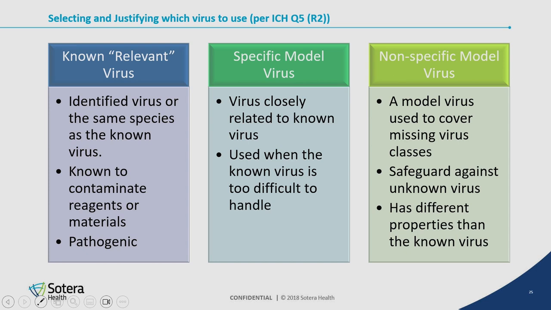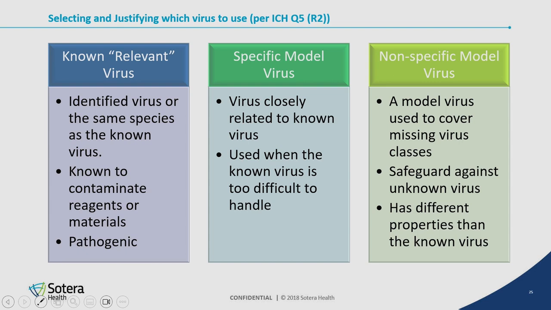And then there's a specific model virus, and this is something that's very close to the relevant virus. We use this when the relevant virus is difficult to grow or we can't get it up to high titers. You might have to move to more of a specific model virus that simulates that. And then a non-specific model virus. This is a virus that is different than the viruses that you've identified within your solution.